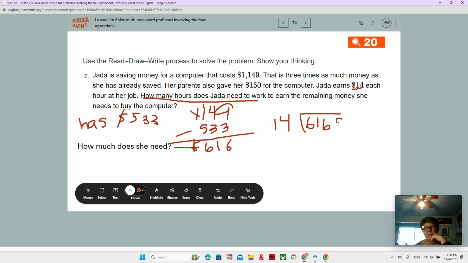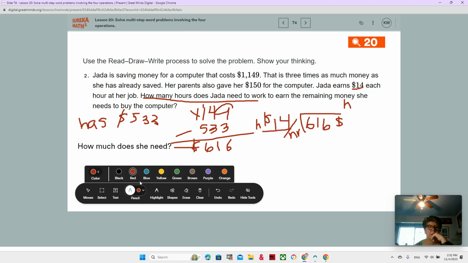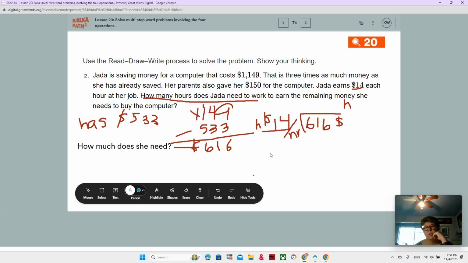The 616 is dollars and the 14 is, sorry, dollars per hour, and then our answer is going to be hours. Okay, so we have a 2-digit divisor, so let's do an estimation. 616 divided by 14.